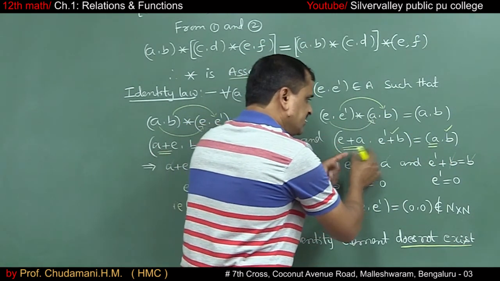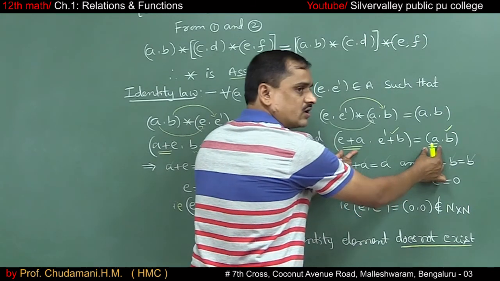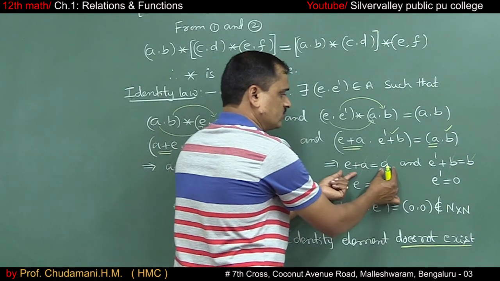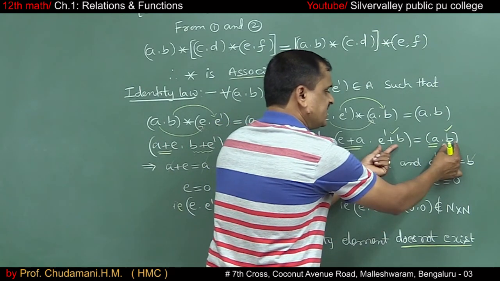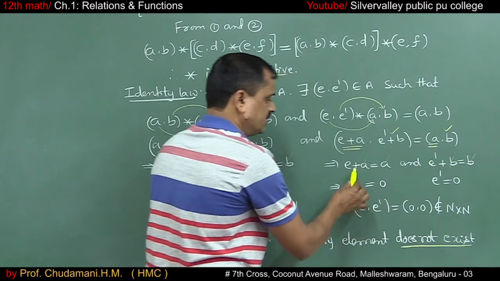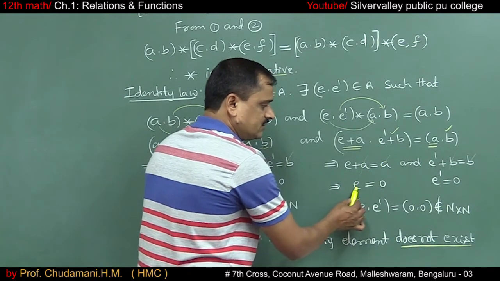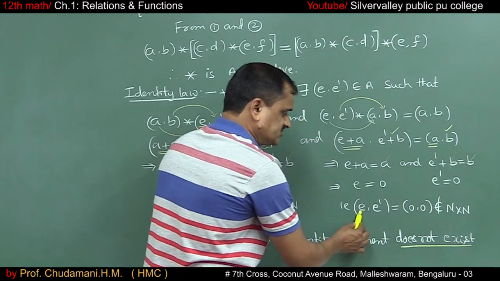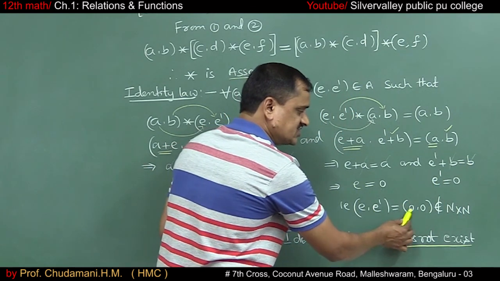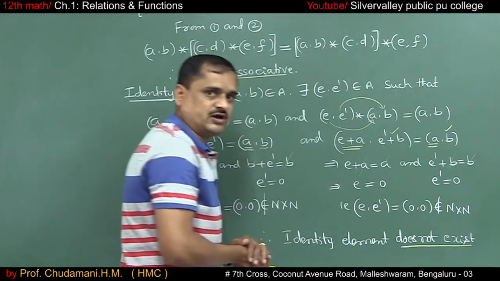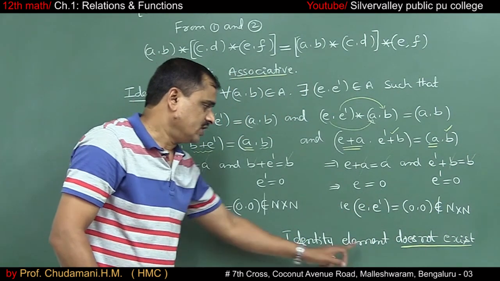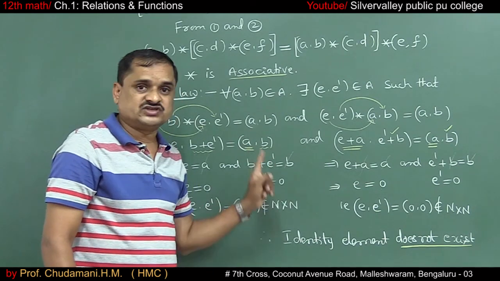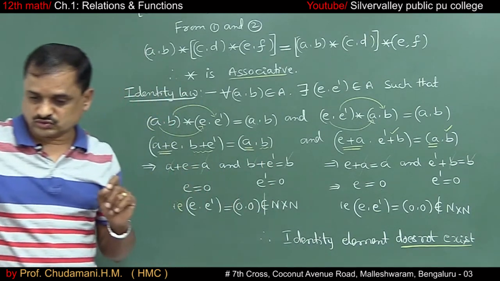That is, first elements are equal, e plus a equals a, and the second elements e' plus b is equal to b. a gets cancelled here, e equals 0. b gets cancelled, e' equals 0. That means (e, e') equals (0, 0) does not belong to N cross N. Therefore, identity element does not exist. It's a good problem. Please go through this properly.